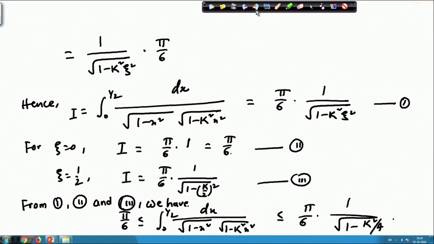So with the help of the first mean value theorem, we are able to show that this integral is bounded between these two values.